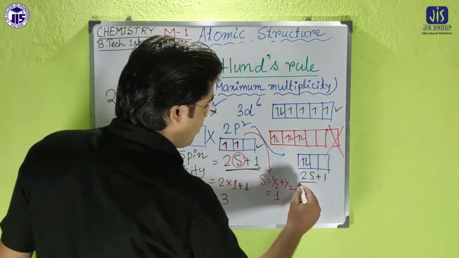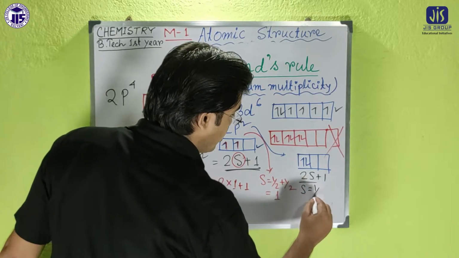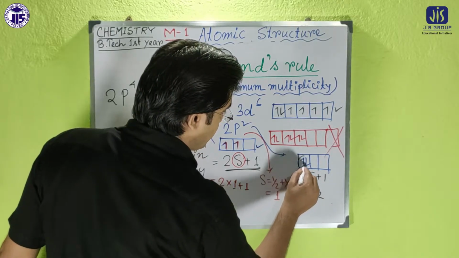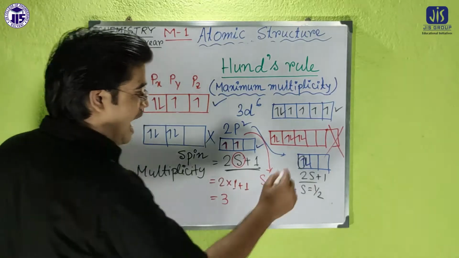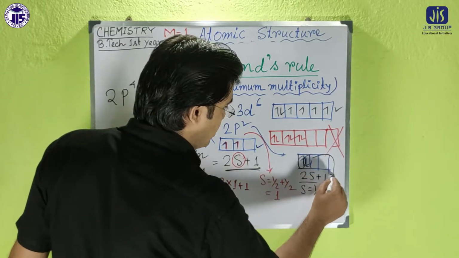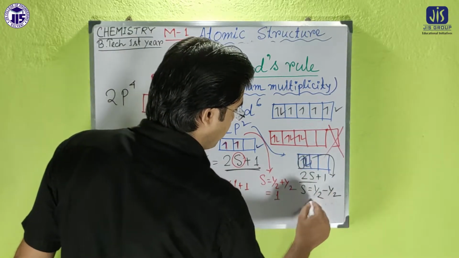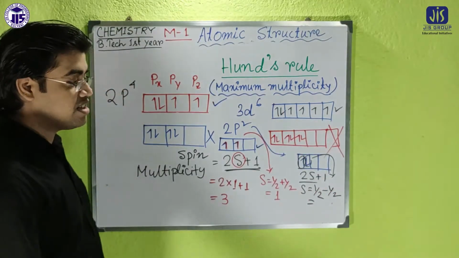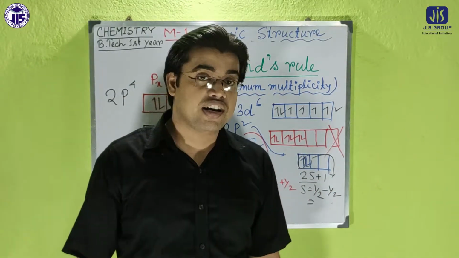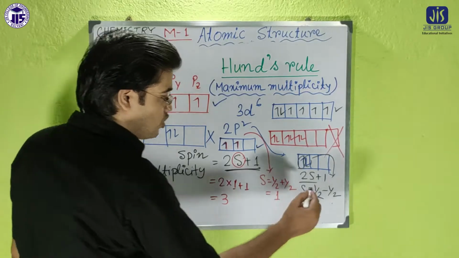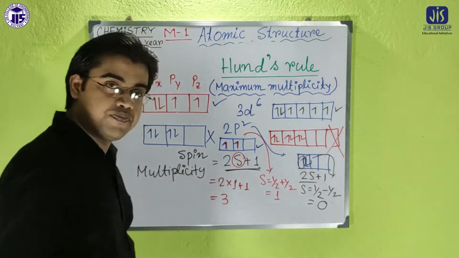Now what is the value of S? Here, for one electron it is plus half, and for the other it is obviously minus half. So S will be 0.